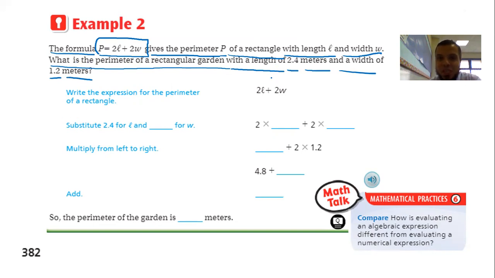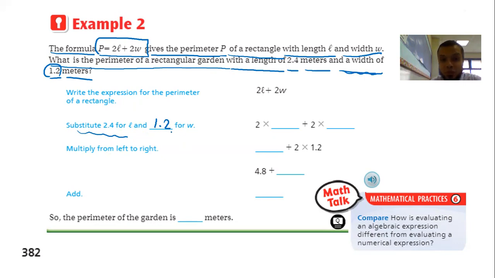So we need to find the perimeter of the rectangular garden by substitution. Substitute what? Substitute 2.4 for L. And what for W? He says a width of 1.2.